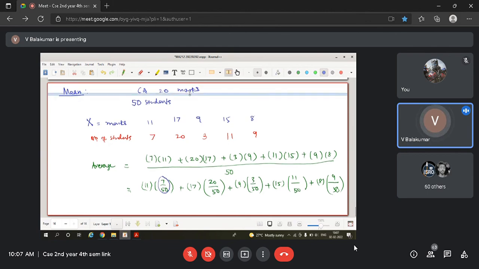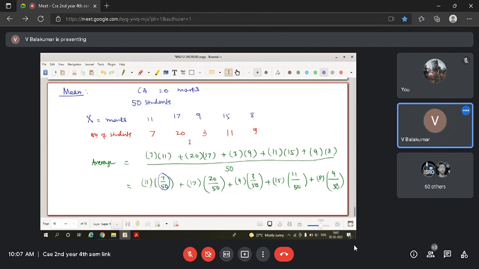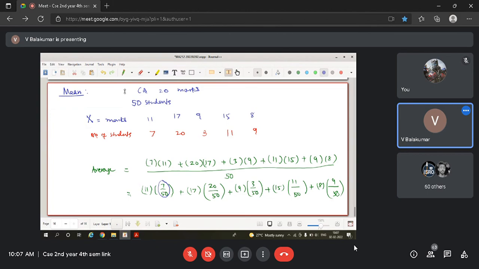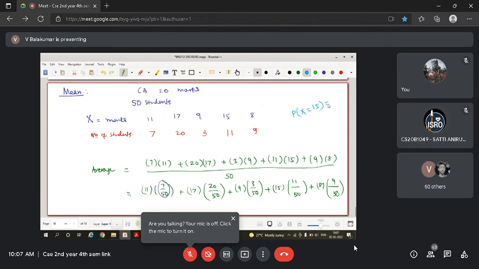Can someone tell me the relationship or the keyword we need? Tell me, what is the probability for getting 11 marks? 7 by 50. There are 50 students, and 7 students are favorable.